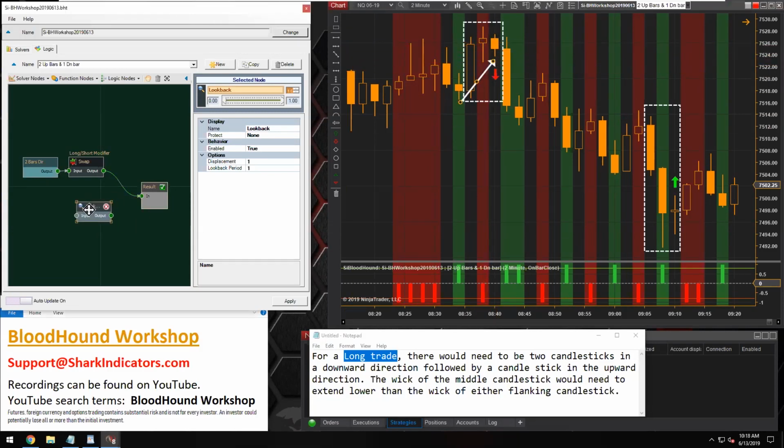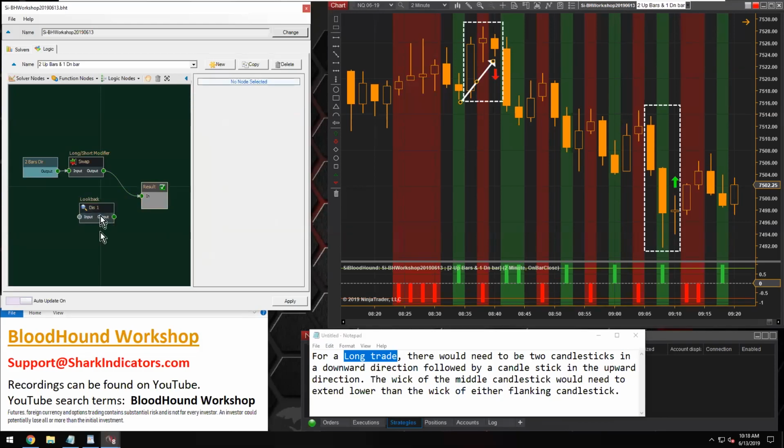So we can use the look back node to do that, and we're going to use the displacement function, and it's already set to 1 for us. So again, we don't need to make any changes to the look back. But I do like to again rename this function node to tell me what it's doing. So I'm just going to use a displacement of 1 here as the name.